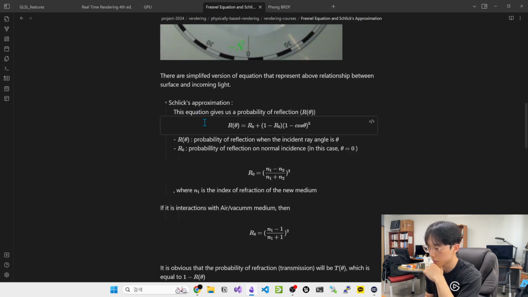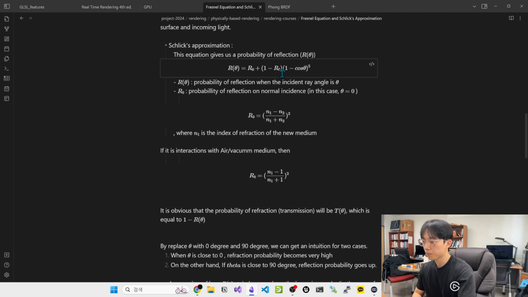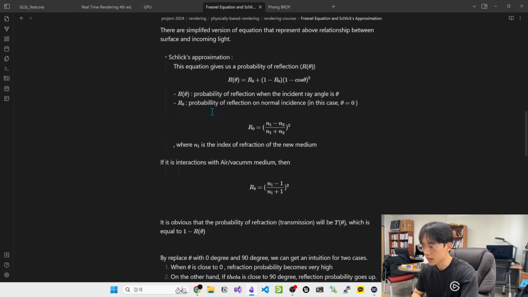Schlick's approximation gives us the probability of reflection r theta, as I mentioned already, and we can write this equation. R0 is the probability of reflection at normal incidence.